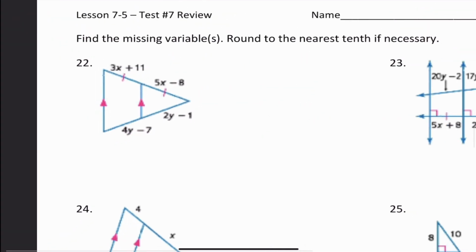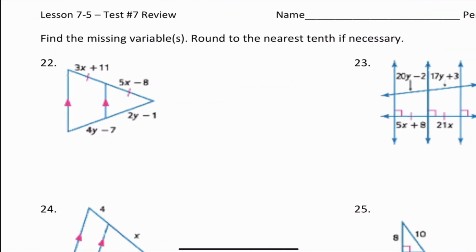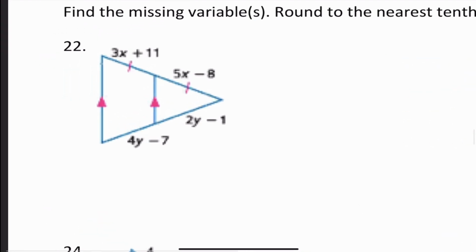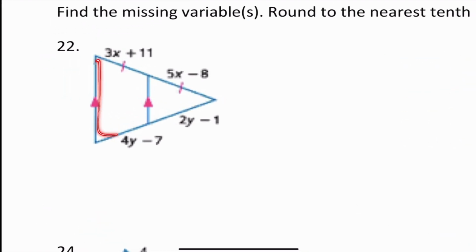Okay, so find the missing variables, round to the nearest tenth if necessary. Number 22 has a triangle with 2 lines that are parallel to each other. And we can see that this part is congruent to this part. Since those 2 parts are congruent, I can set them equal to each other rather than having to create a proportion.